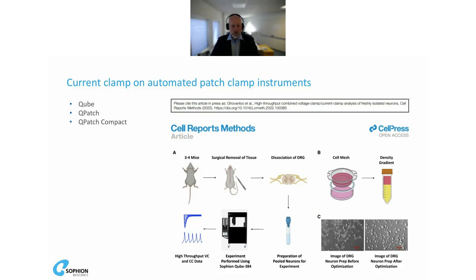But current clamp is of course very, very important also, and that is possible to do on automated patch clamp instruments. Here I show you a paper by Guowan Lu that came out a few months ago, showing some very interesting data on GRG derived from mice, using, among other techniques, current clamp.